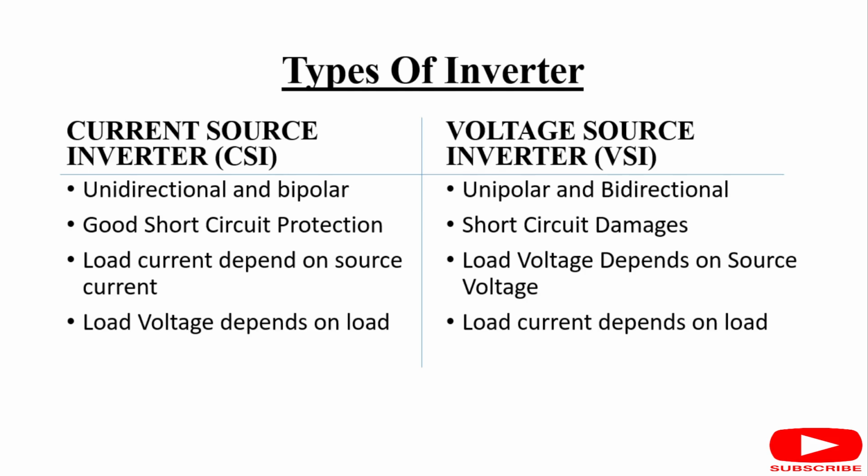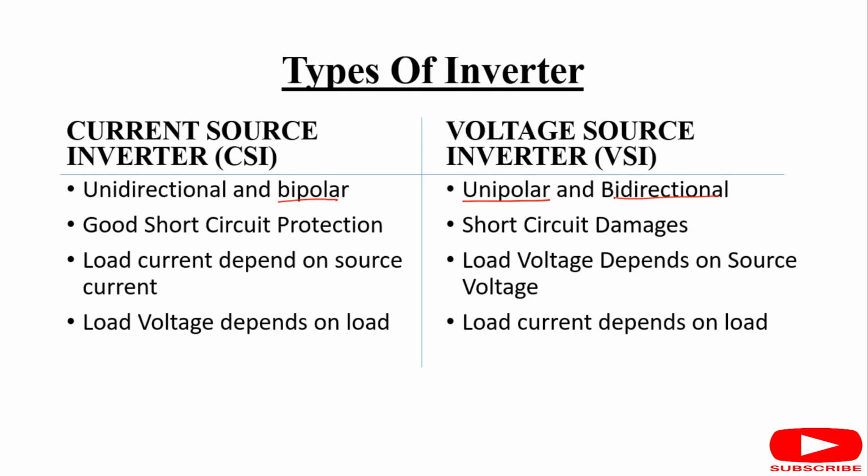Unidirectional means it conducts current only in one direction, and bidirectional means it conducts current in both directions. Bipolar means it blocks both polarities of voltage, and when it blocks only one polarity of voltage, it is called unipolar.